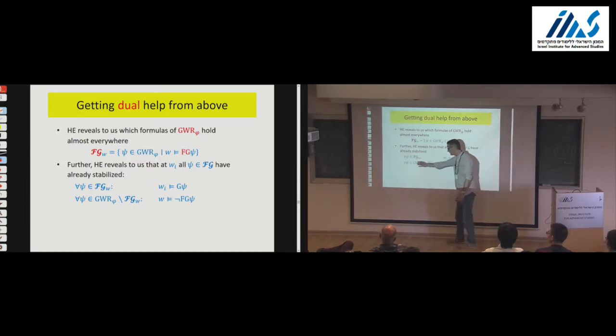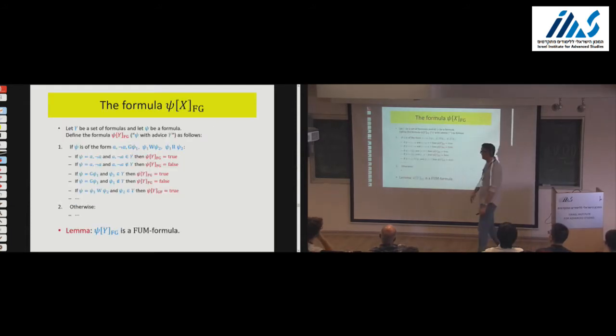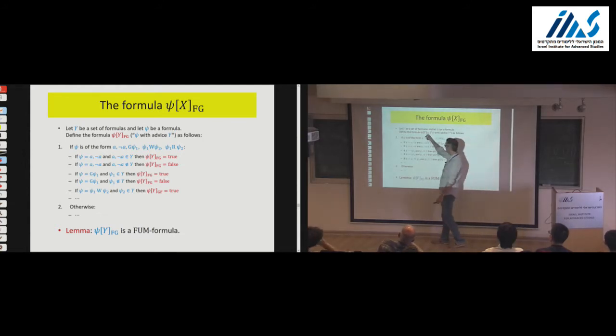And what about the others? For the others, you know that not FG psi holds. This is all completely dual. So now you can do exactly the same thing and exploit this information. This is now the FG substitution, or operation, instead of the GF.